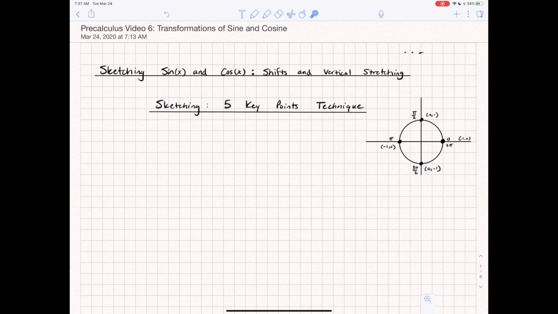These key points are shown here on this basic unit circle that I've drawn on the right-hand side. The 5 key points are the radian measures of 0, pi over 2, pi, 3 pi over 2, and 2 pi.